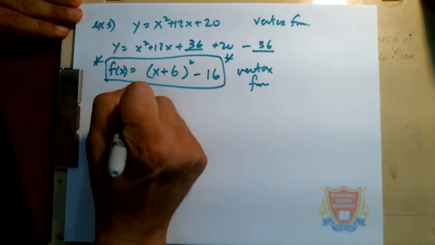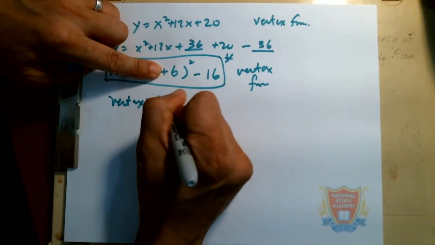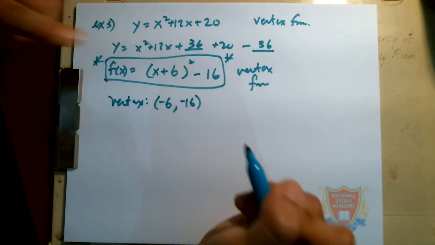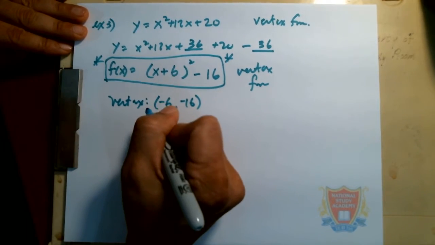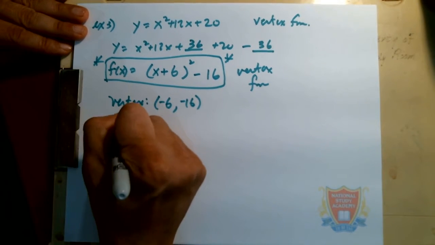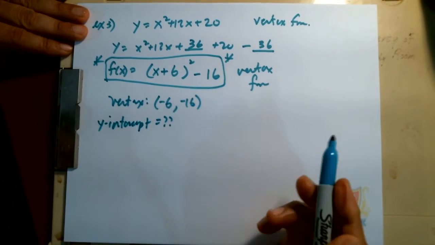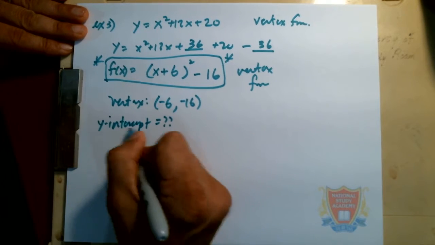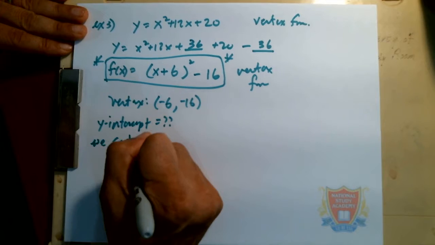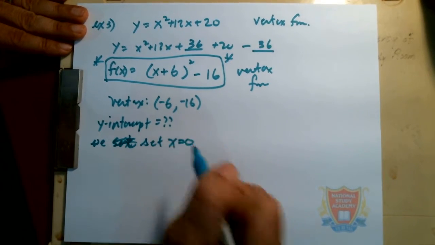What's your vertex? Vertex is going to be the opposite of that, negative 6, comma, and the number which is negative 16. There's your vertex. And they also want you to find the y-intercept. How do you find the y-intercept? To find the y-intercept, we set x equal to 0.